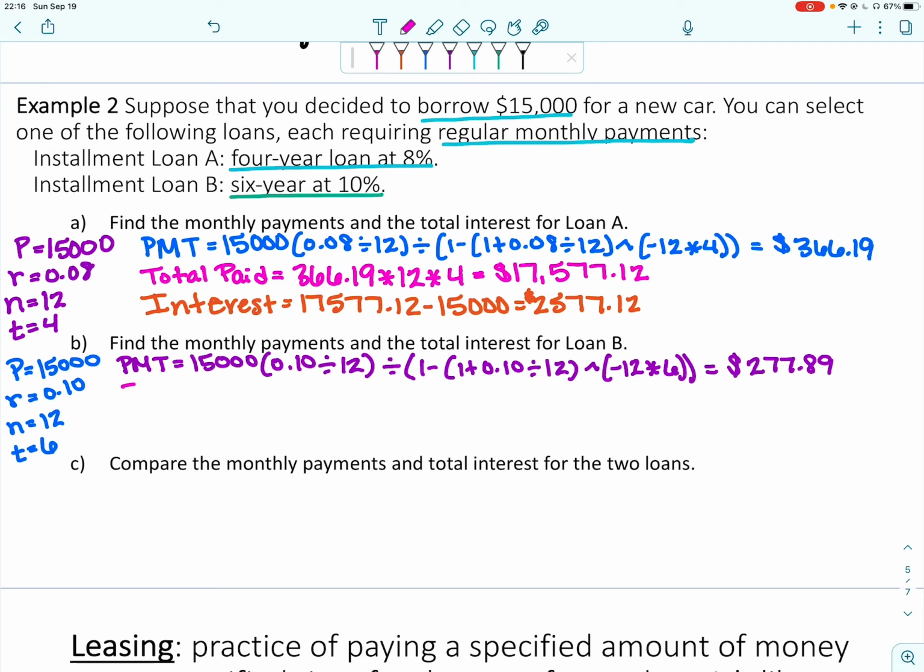Total paid: $277.89 times 12 times 6 years is $20,008.08.